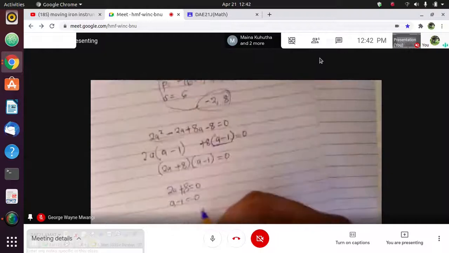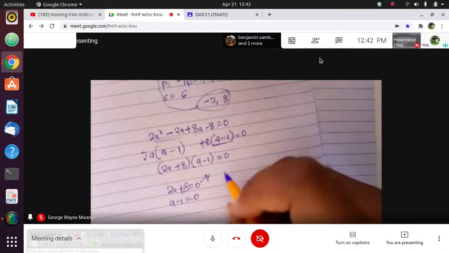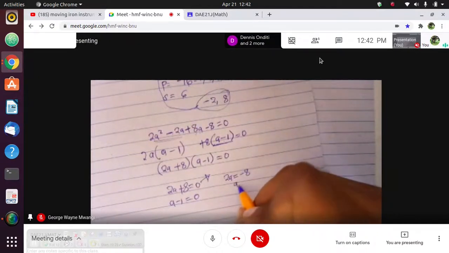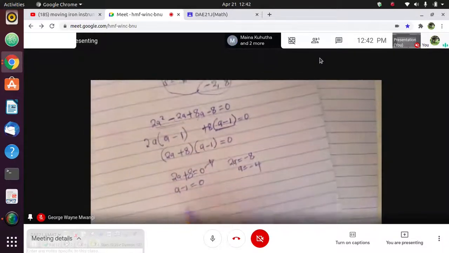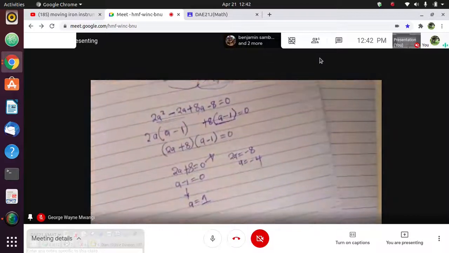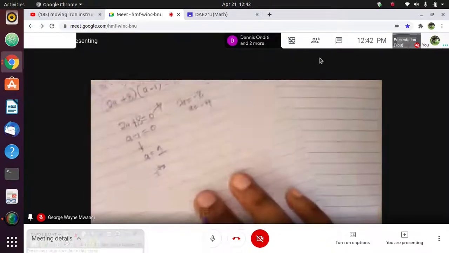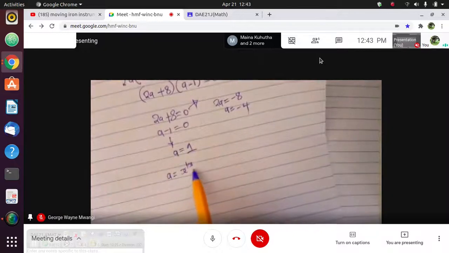So the value of a, the first one, 2a is equal to minus 8, so the value of a will be minus 4. And the second value, a is equal to 1. But remember that our value of a is equal to x raised to power a third.